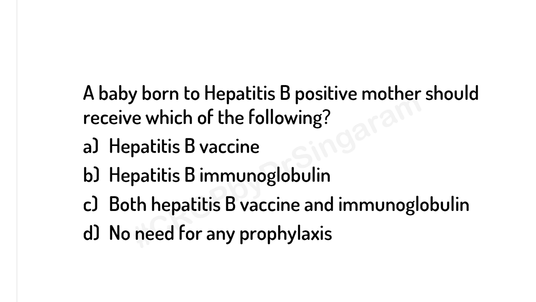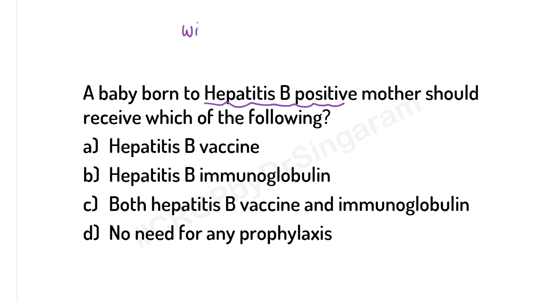So, coming to the final question in the newborn section: a baby born to a hepatitis B positive mother should receive which of the following? Hepatitis B vaccine, or hepatitis B immunoglobulin, or both vaccine and immunoglobulin, or there is no need of prophylaxis. First of all, remember, a baby born to a hepatitis B positive mother definitely requires prophylaxis.